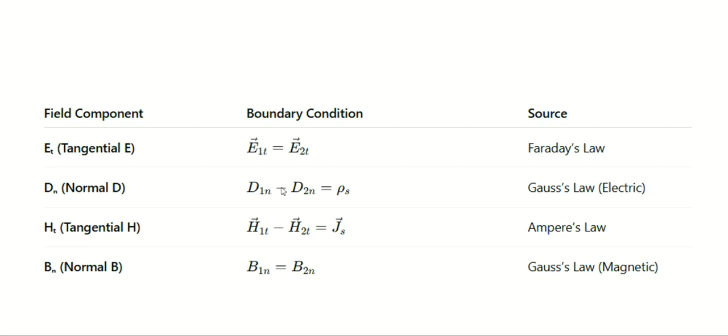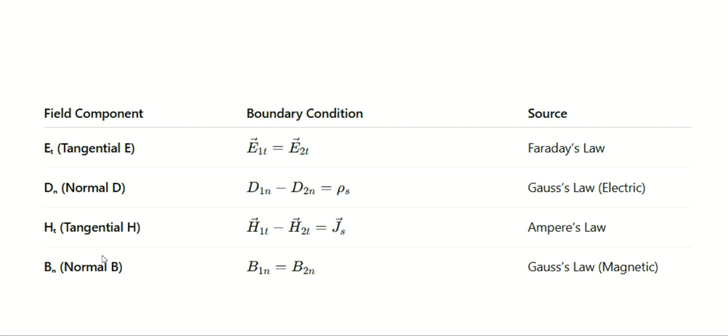Now here you have one other table that summarizes what we just said. So E tangential, the tangential electric field, that's Faraday's law. The electric displacement is Gauss's law of electricity, and B normal is Gauss's law of magnetism. We didn't talk about the normal and tangential.